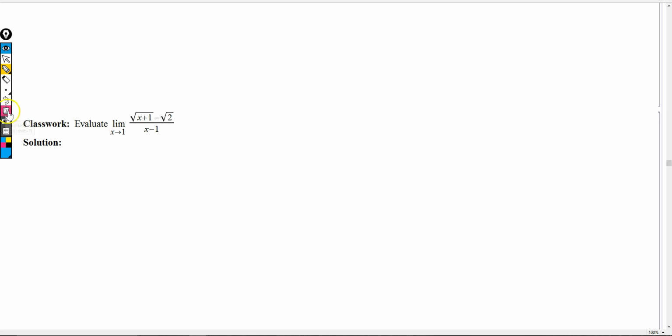So what we're going to multiply top and bottom by is the same expression with a plus right there. We want a plus. So just the conjugate of the numerator.